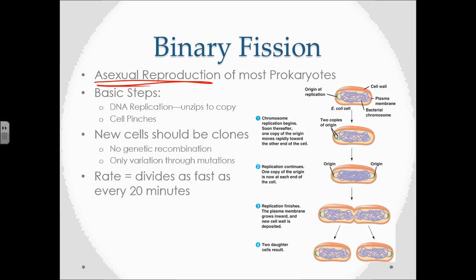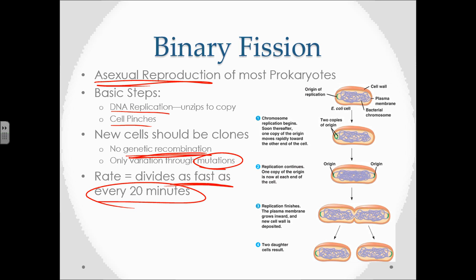The basic steps: DNA replication, the cell pinches off. There should be no genetic recombination unless they have a plasmid or there's some kind of mutation that happens to DNA, and it's really fast. That's one of the biggest advantages of asexual reproduction. About every 20 minutes, depending on the bacteria, you can get offspring.